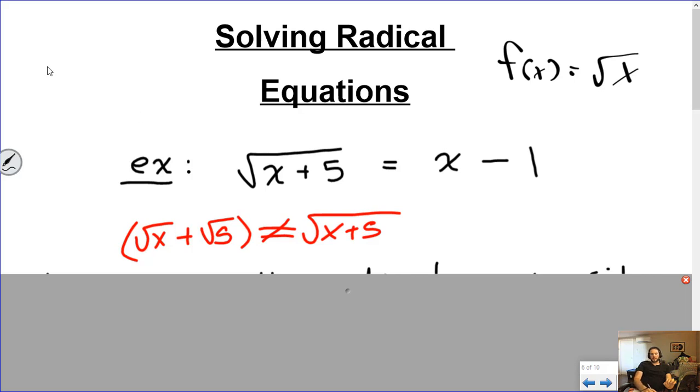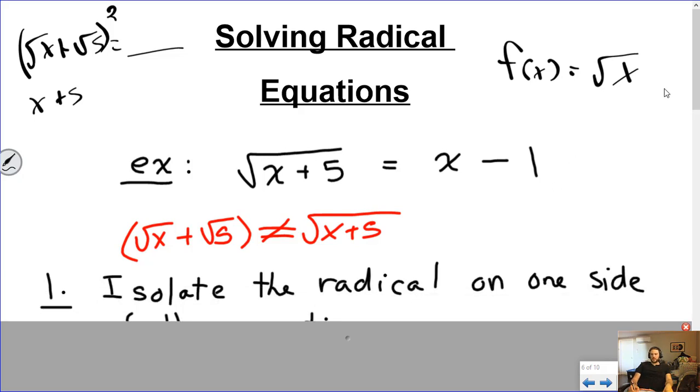If I gave you the square root of x plus the square root of 5 is equal to some value, you can't just take the square of both sides and find the answer that way, because this is not x plus 5. It doesn't do that, right? We have to deal with each of these terms separately. But when we have a square root symbol over everything, then yeah, the square root of x plus 5 squared, that's your inverse operation, so those are going to cancel.